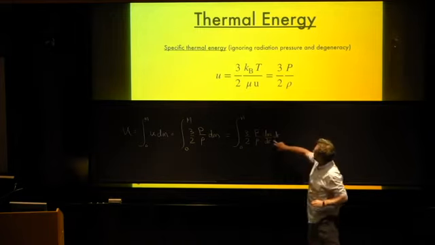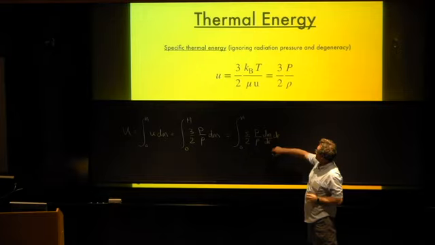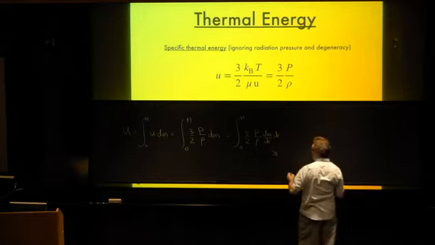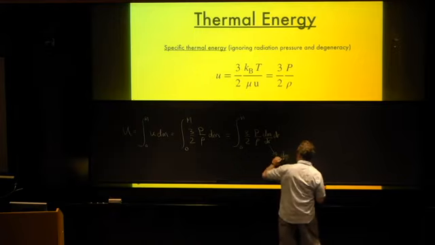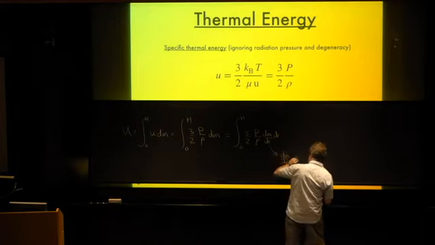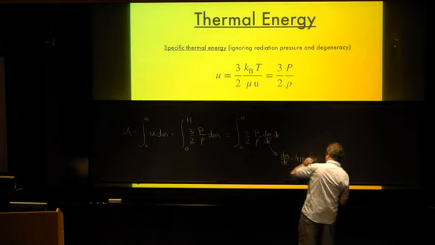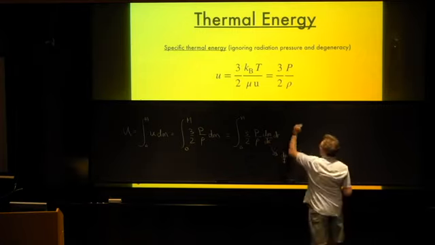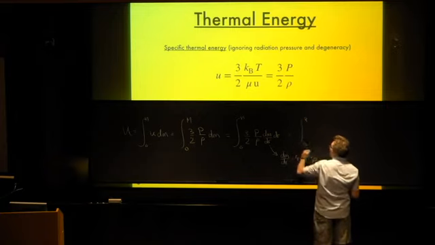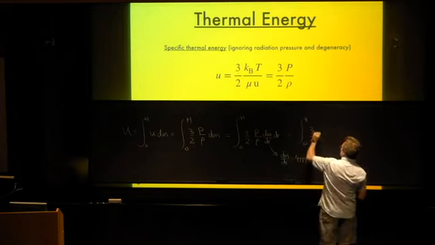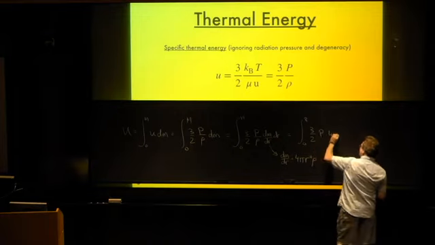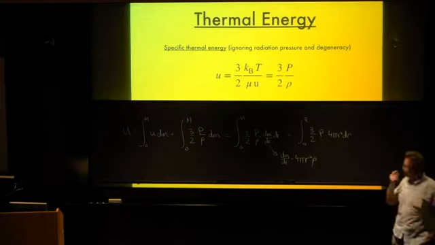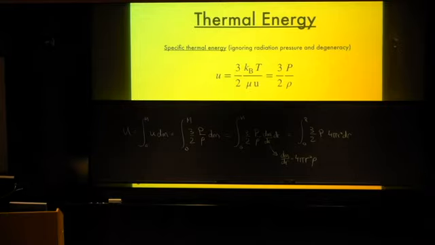And I just use the chain rule to do a transformation of variables from m to r, and then from my definition of what the mass coordinate is, dm/dr is just 4 pi r squared rho. So we can see that rho will cancel this rho, and we'll end up transforming from a mass integral over the specific internal energy to a volume integral over the pressure.